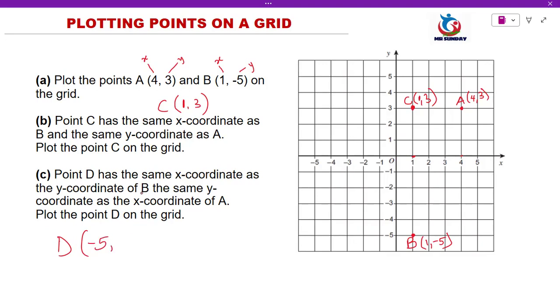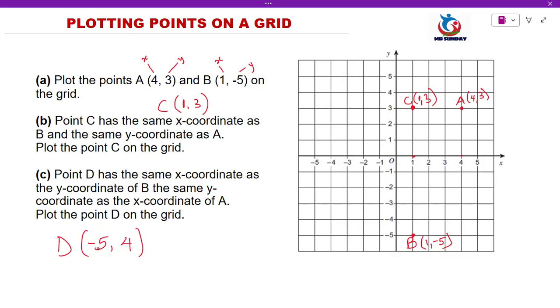Then the same y coordinate as the x coordinate of A. And what is the x coordinate of A? That is 4. So we have negative 5, 4.